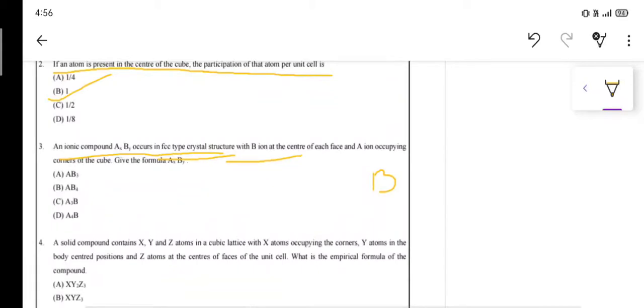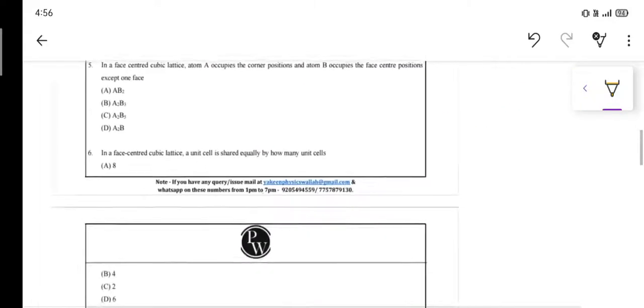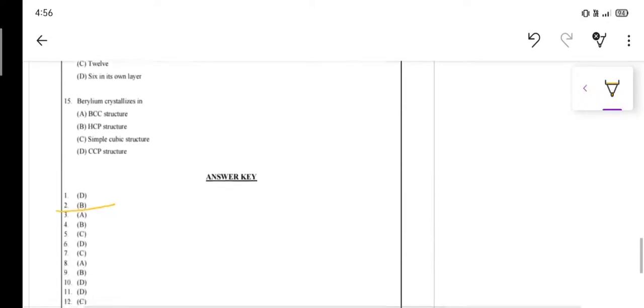Corner contribution is 1 and face contribution is 1 by 2 into 6, therefore 3. A is 1, therefore A1 B3, as I said, 3A. Let's check it. 3A, yeah.